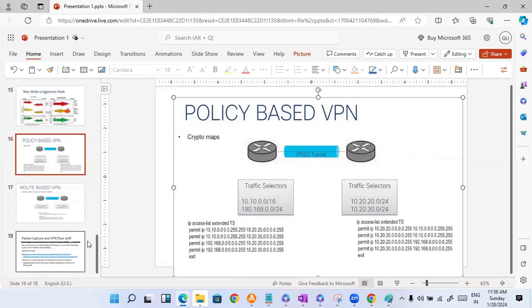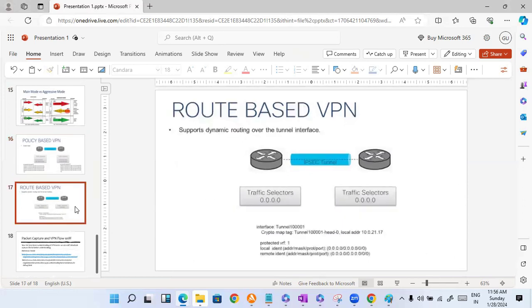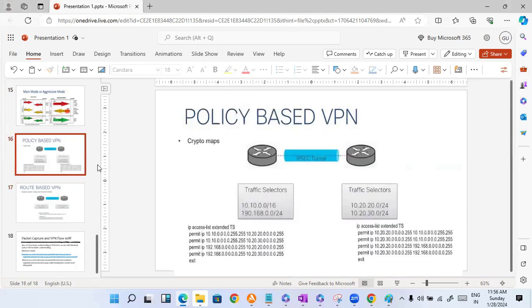And if it is based on routes, there is no policy, just a route setup with default routes formed. Route based VPN basically works on ASA firewall, or Cisco proprietary devices. But with any third party, Cisco, AWS, Azure, or any other vendor integration, it will always be a policy based VPN.